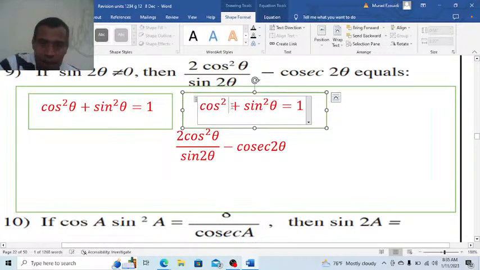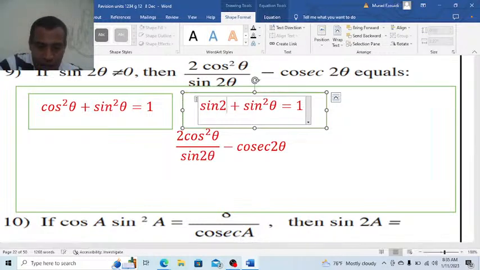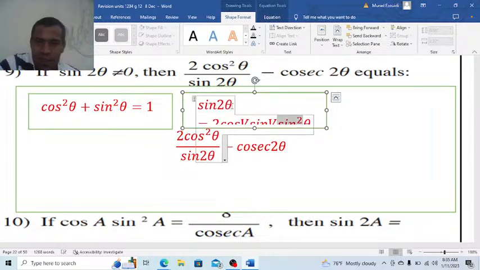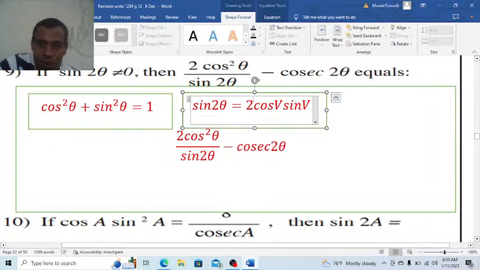Sine 2 theta is equal to 2 times cosine theta multiplied by sine theta. This is the double angle formula for sine.